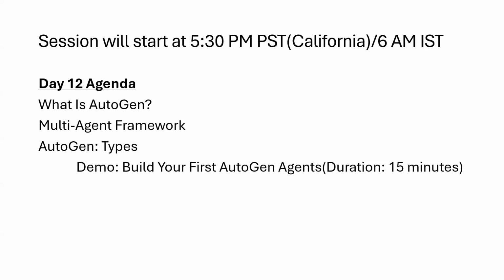Agent-to-agent communication will happen. Agents talk to each other like humans. And here, the flow of execution emerges dynamically. You can think of it like a team of AI employees chatting and solving the task.